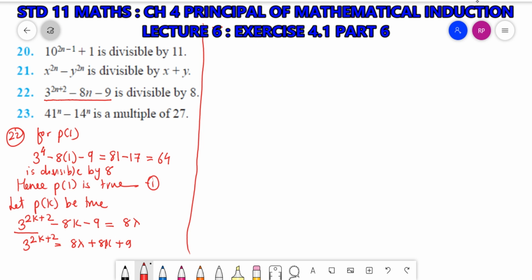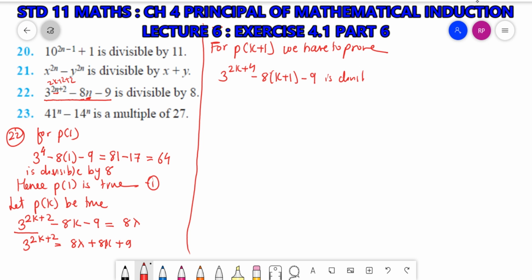Now for p of k plus 1, we have to prove 3 raised to, now see here, 2 into (k plus 1), that is 2k plus 2, plus 2, so 2k plus 4, minus 8 into (k plus 1), so that will be 8k plus 8, minus 9, is divisible by 8.